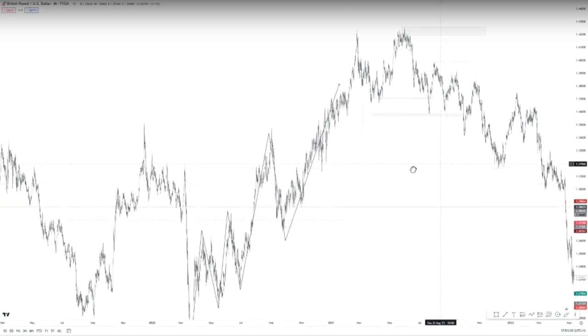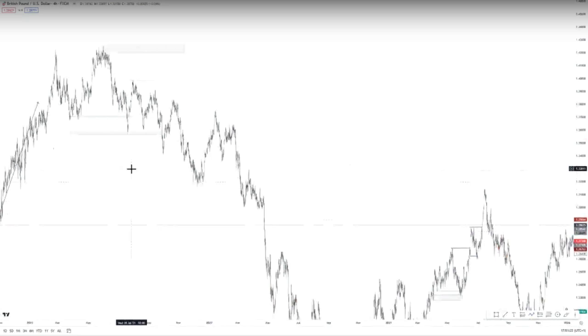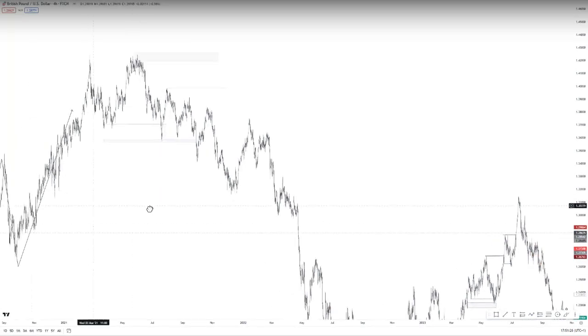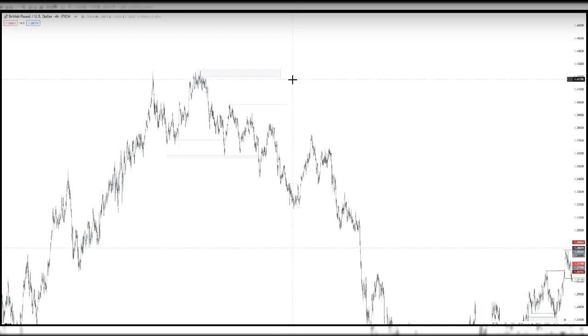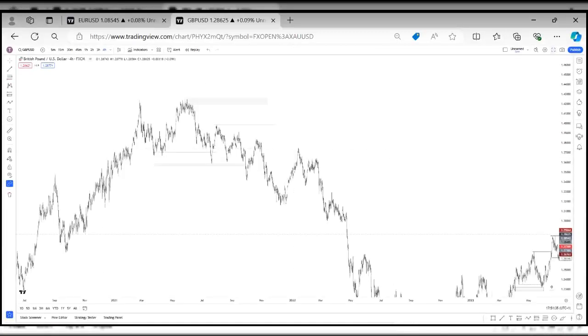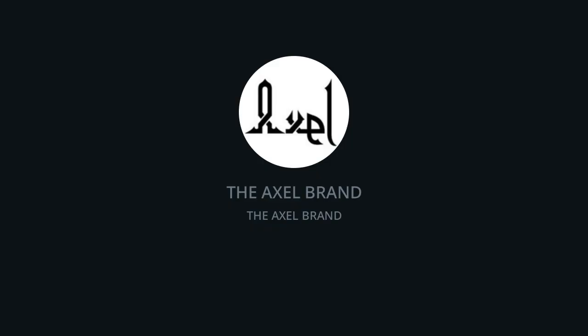And when you see that the market is selling, you look for sell positions. Never trade against the trend. Always obey the trend. When you see the market is buying, look for buying opportunities. And when you see the market is selling, look for selling opportunities.